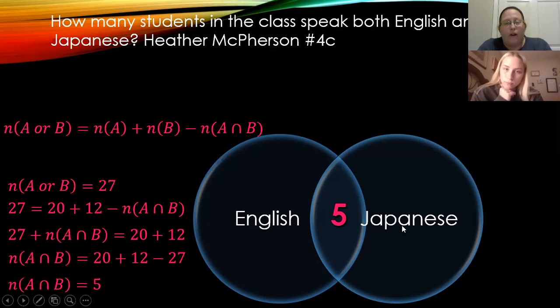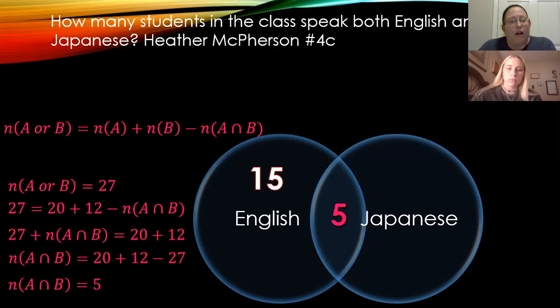Since there were 27 students and 20 of them spoke English, but 5 of those speak Japanese as well, it means that 15 students speak only English in her class.